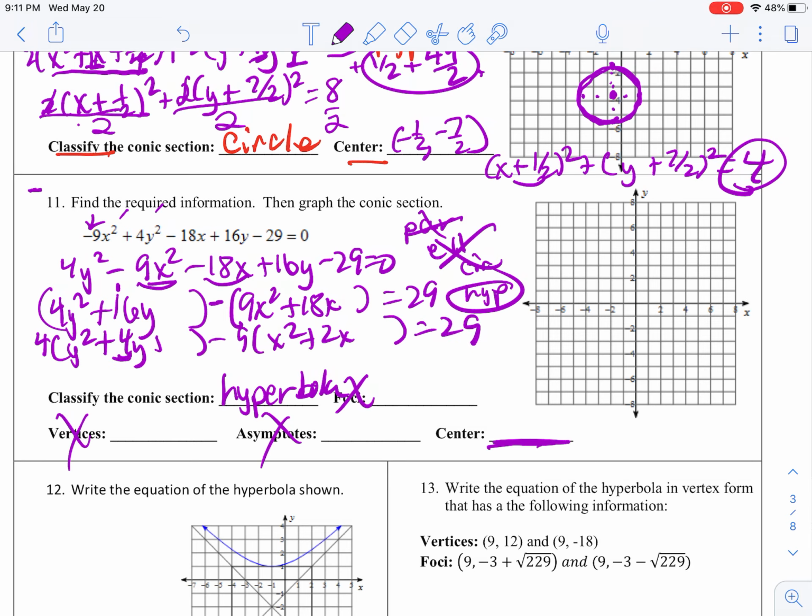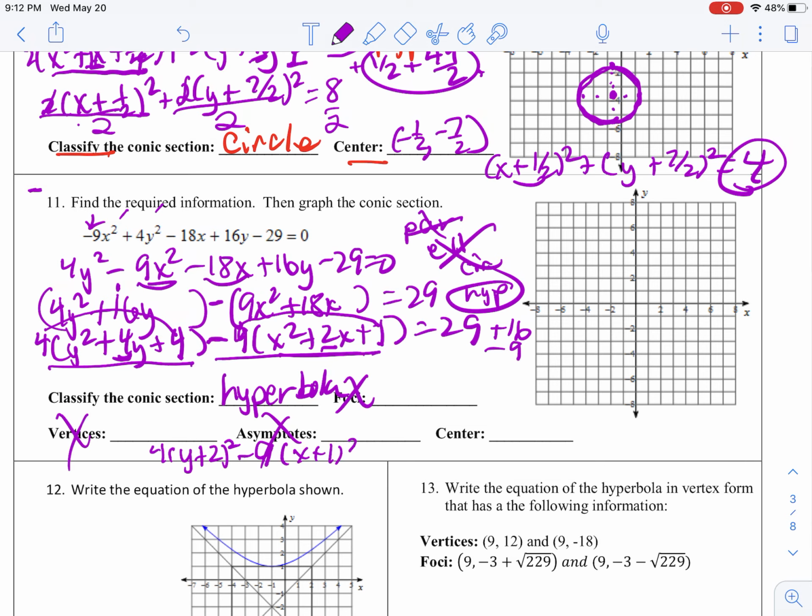And now I'm ready to complete the square. Half of 4 is 2 squared is 4, but I've really added in a 16. Half of 2 is 1 squared is 1, but I really put in a negative 9. And so I'm going to say minus 9. So this equation becomes, I'll write it down here, 4 times y plus 2 squared minus 9 times x plus 1 squared equals, this ends up being 36.